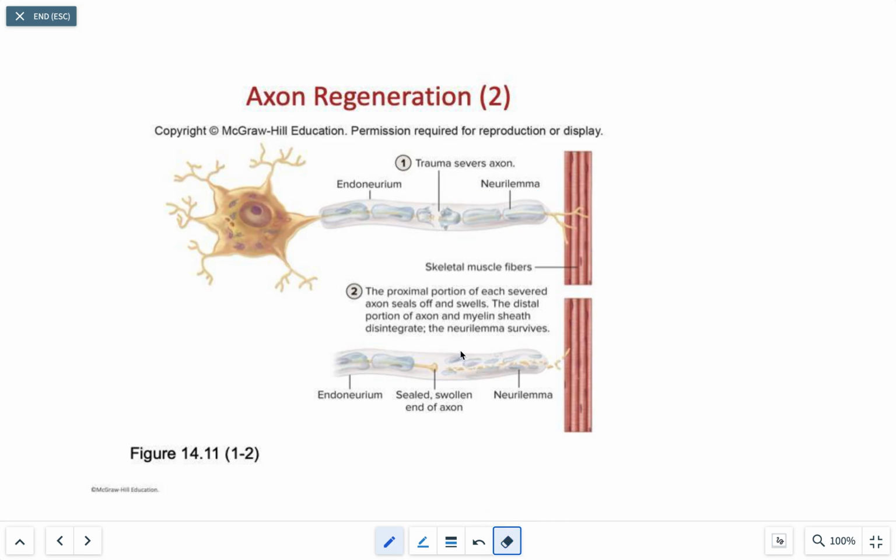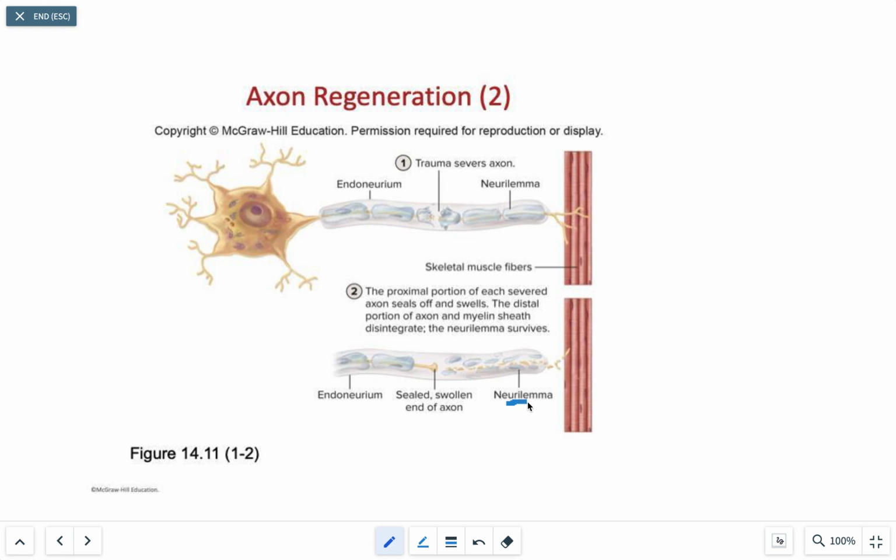In step number 2, we can see that the axon itself is starting to break up, so we see that degeneration. And in step number 2, what we also see is the macrophages are going to come in and, through phagocytosis, they're going to destroy the remaining portions of the axon. What survives is going to be the neurolemma.